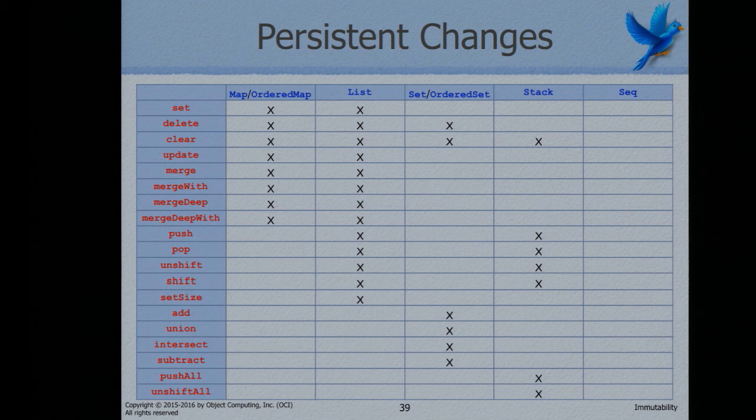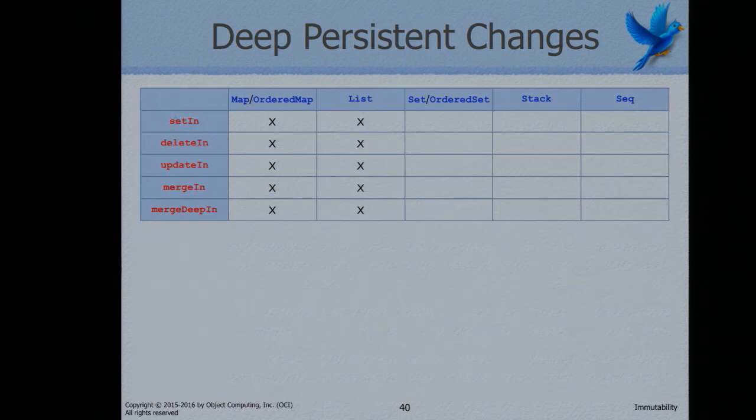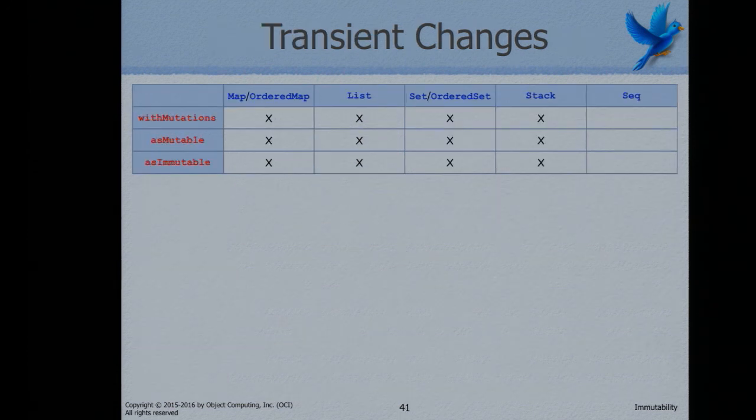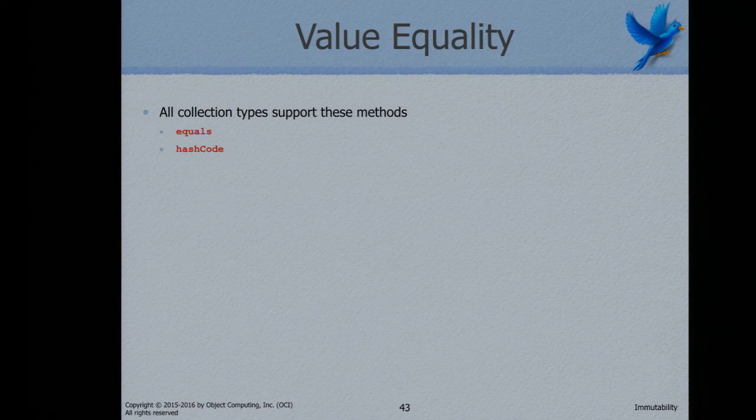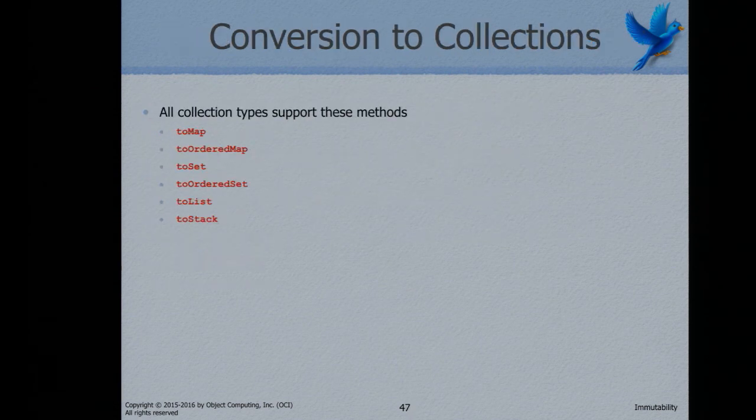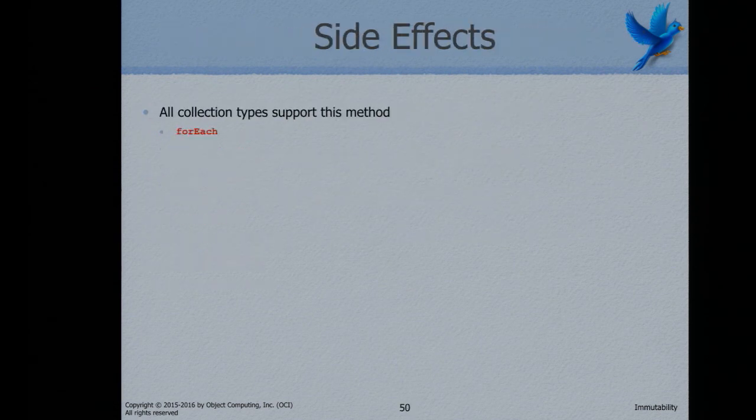And so you see all the methods listed in red down the side, and then across the top, the different kind of collection classes. And you see that some of these are supported in all the kinds of collections, but for this particular set, none of them can be used on sequences. And so it just goes on like this, different kinds of methods and what collections support those. So mostly reference material for you to take a look at later.